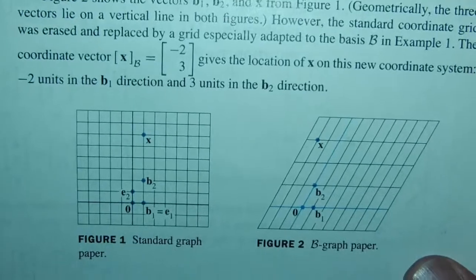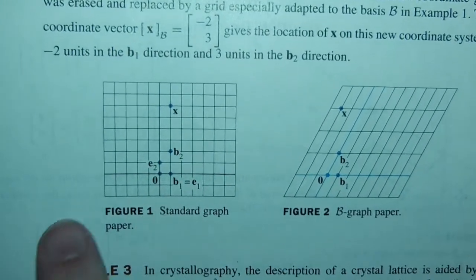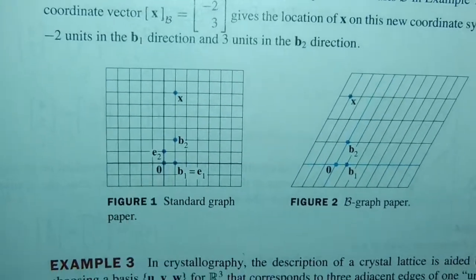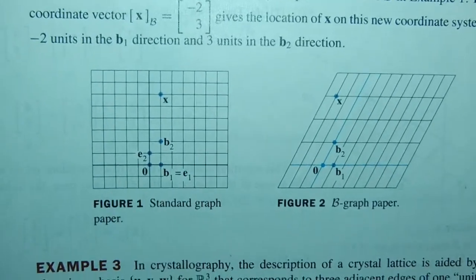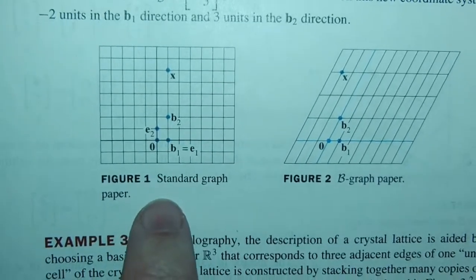In the specific example we just did, standard graph paper in R2 looks like this, normalized, so we have vectors E1 and E2.